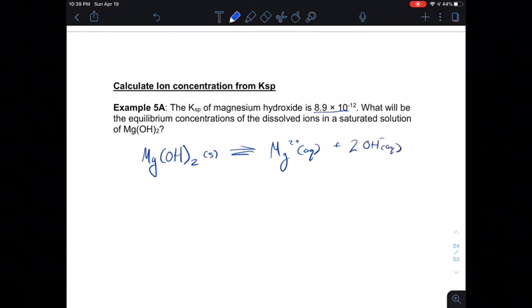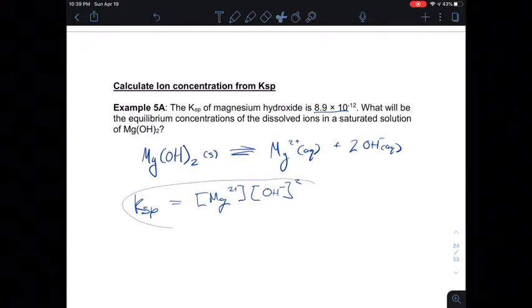Okay, so then we have a Ksp equation. And it says, what will be the equilibrium concentration of the dissolved ions in a saturated solution? So this can be a relatively challenging question.